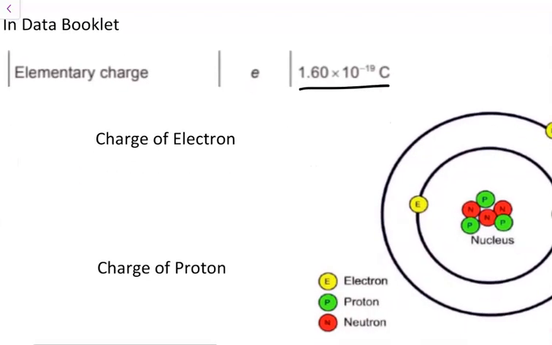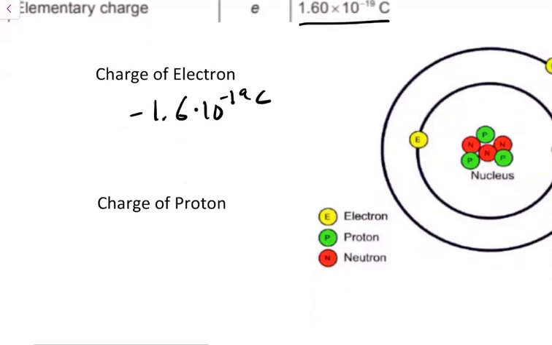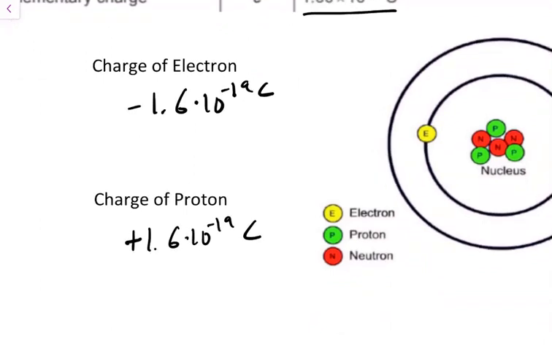So if we were to look at the charge of an electron, this is negative 1.6 times 10 to the negative 19th coulombs, where the charge of a proton is positive 1.6 times 10 to the negative 19th coulombs. So since all matter is composed of neutrons, protons, and electrons, the difference between the protons and the electrons will produce only multiples of this elementary charge.